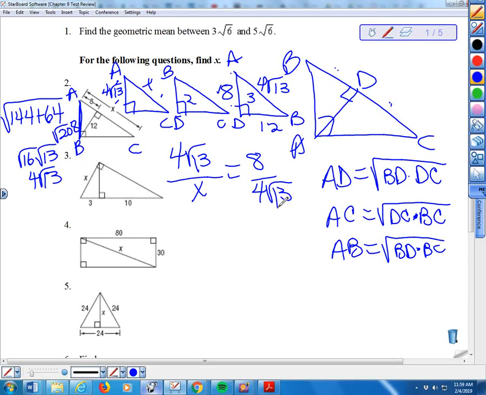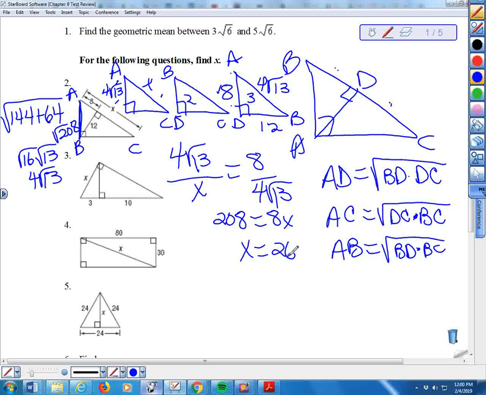So this times this is just 208 equals 8x. X equals, what did we get? 4, 16, 12. Is that right? No. 26. Thank you. 8 goes in there, 20. Yeah.